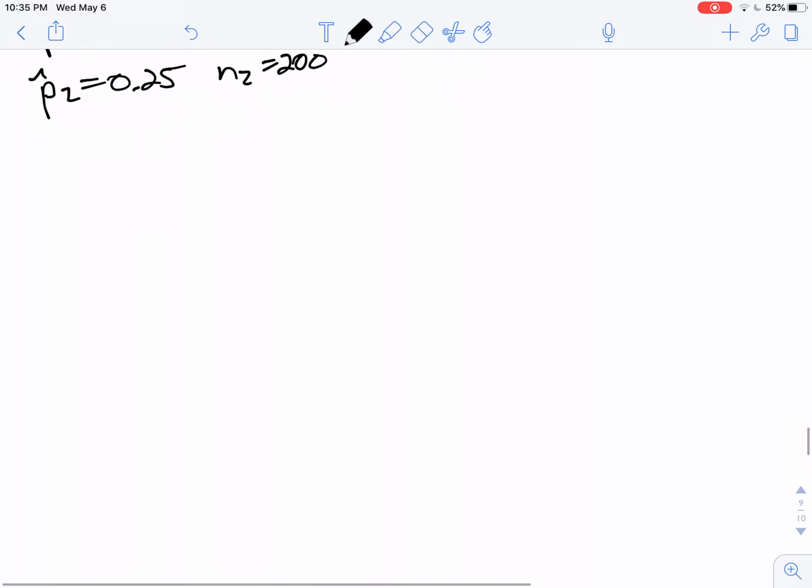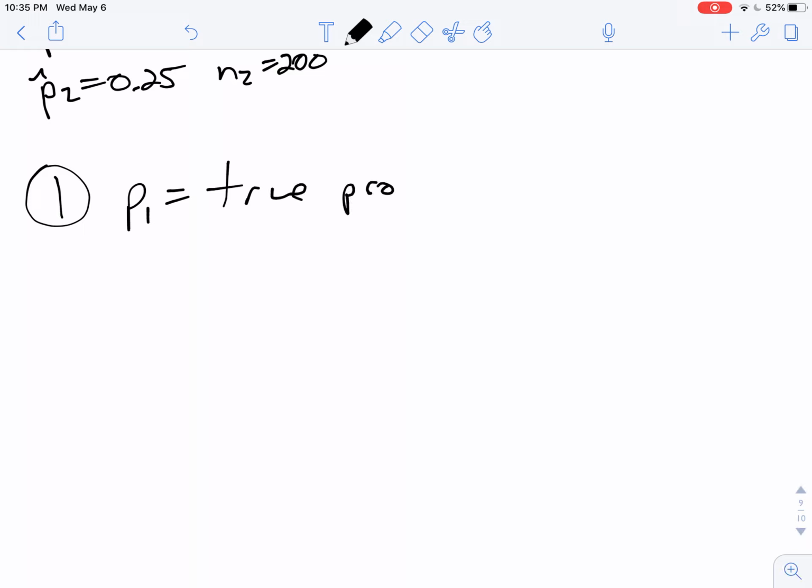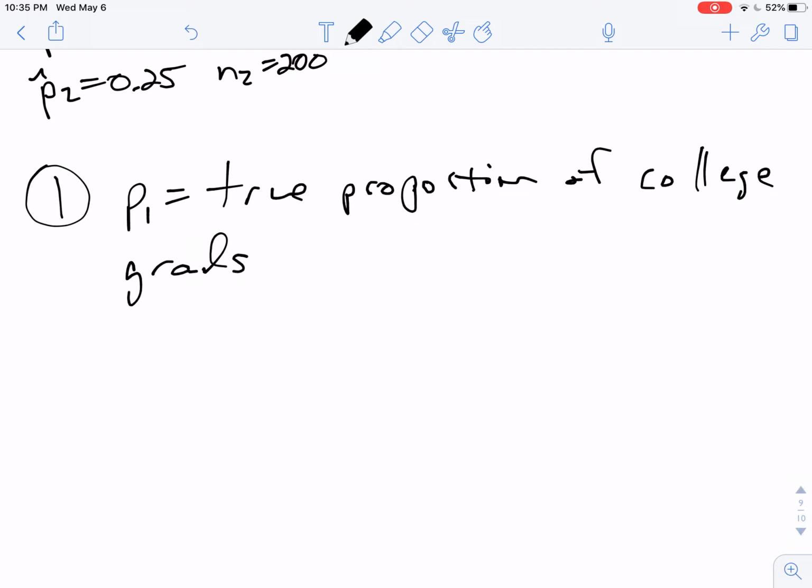All right, so then step 1, I'm going to define my parameters of interest. So my first parameter is p1. p1 is going to be the true proportion of college grads who experience sunburn.